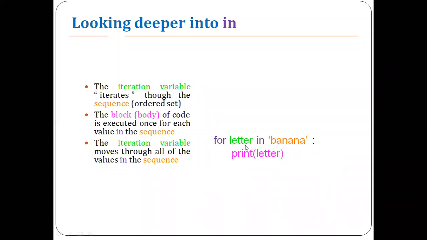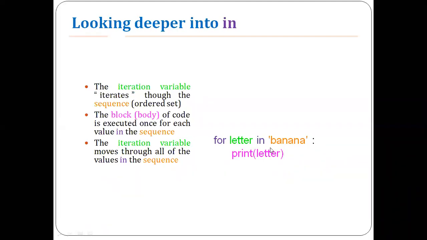And what the iteration variable will do is that it will move through all the characters within the sequence of the ordered set. So in the first iteration, the iteration variable will be having the value b, that will get printed, then a, n, and so on, right? It will iterate through all the characters within the given string.